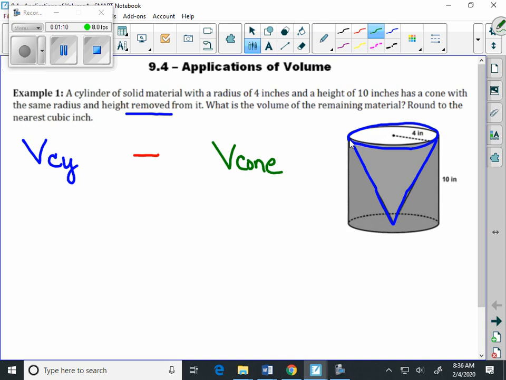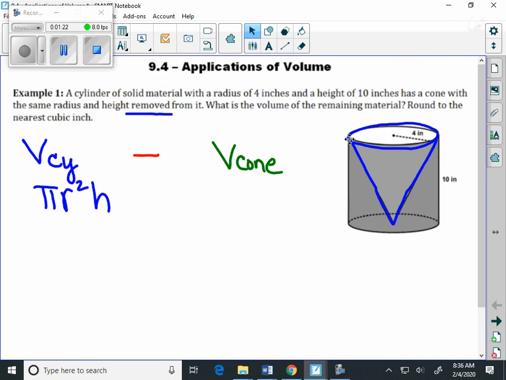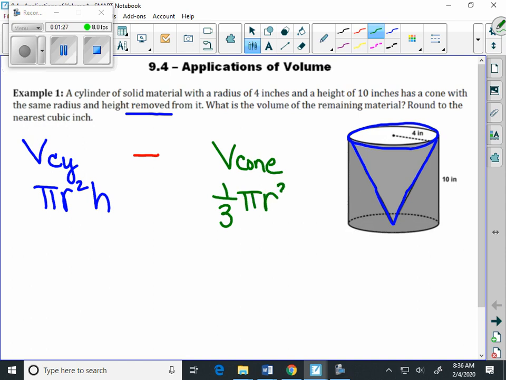So we look at our green paper and we remember that the volume of a cylinder, the formula is pi r squared h. And the volume of the cone, our formula is 1/3 pi r squared h.